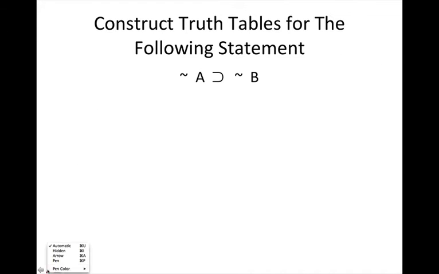Now what I'm going to do, since we've already run through our review of the truth definitions and setting up a truth table, is I'm just going to go ahead and set up the possible values. You can see I'm just going ahead and writing them directly underneath the atomic sentence.